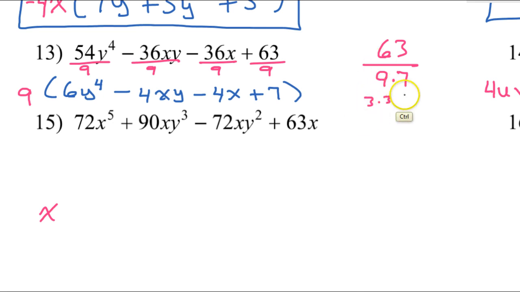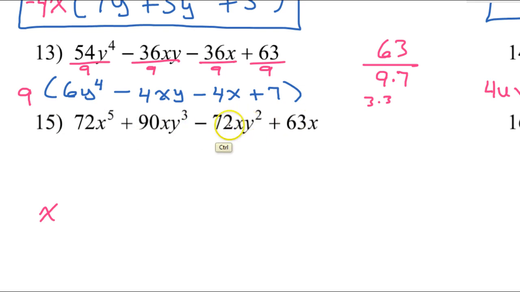So here are several numbers that divide into 63. I know that 9 goes into 63, 7 goes into 63, 3 goes into 63. So let's start with 9. Does 9 divide into these other numbers?